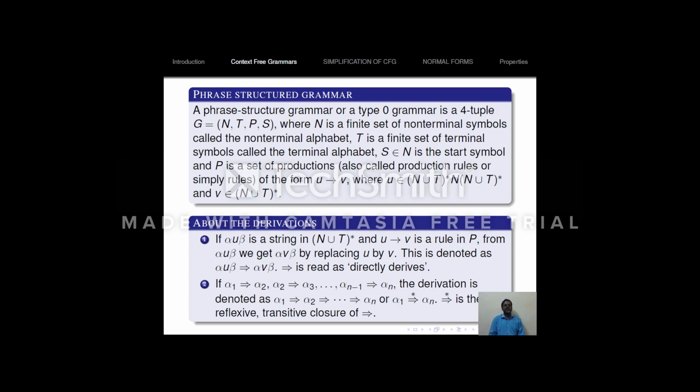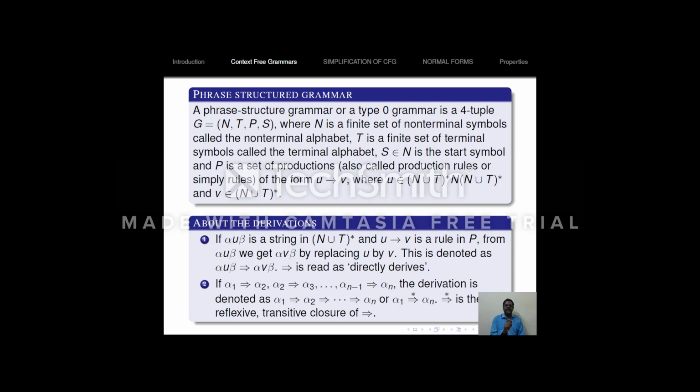So 4 components are required to define this: N, T, P, S, where N is a finite set of non-terminal symbols, the non-terminal alphabet, and T is a finite set of terminal symbols called the terminal alphabet. S, an element of N, is the start symbol, and P is a set of productions, also called the production rules.